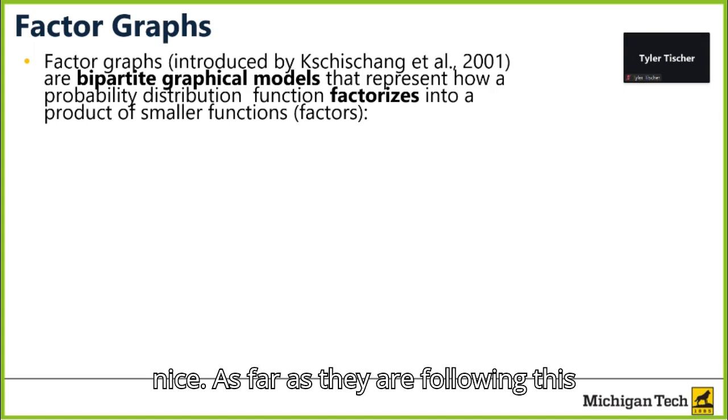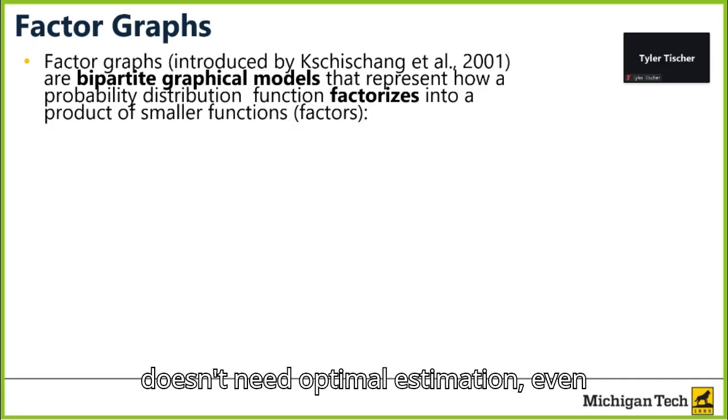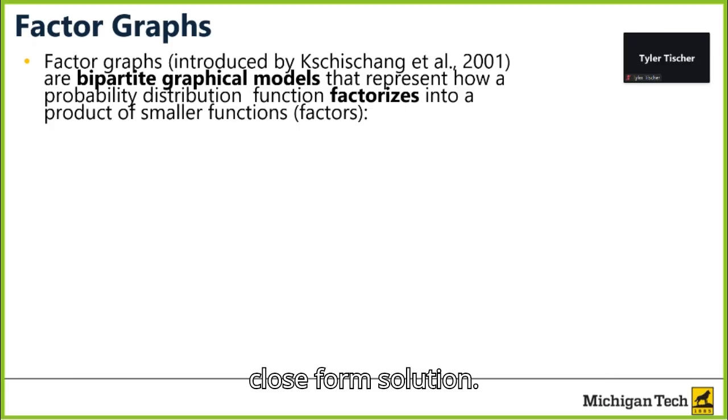As long as they follow this Gaussian assumption, you can simplify your math and make very good predictions. It doesn't even need estimation or approximation. You just get a closed form solution.